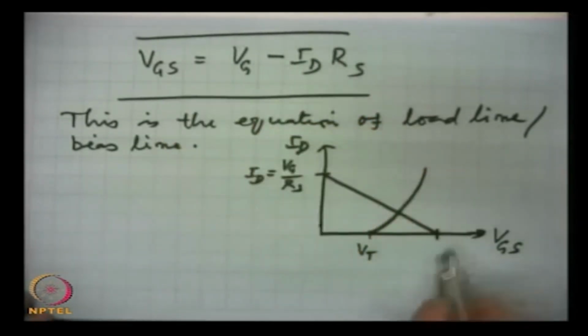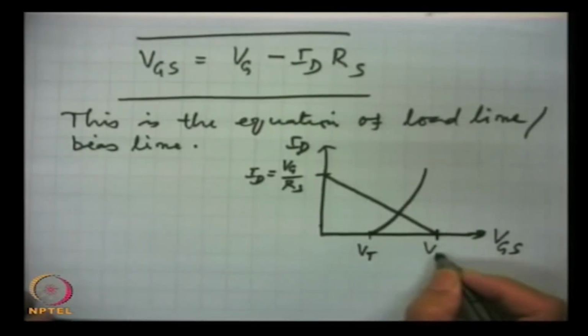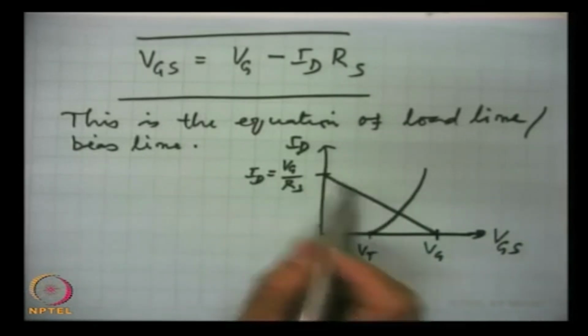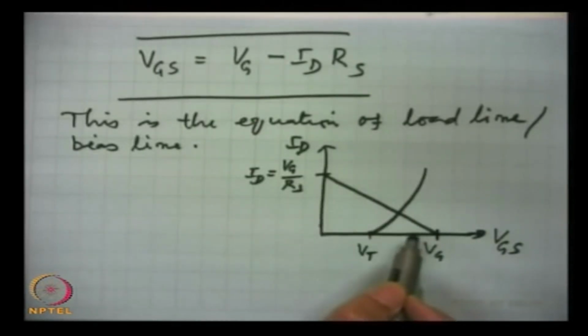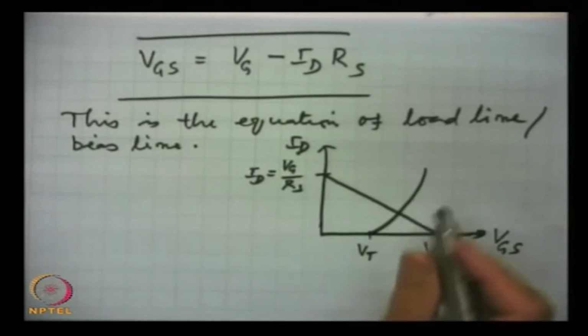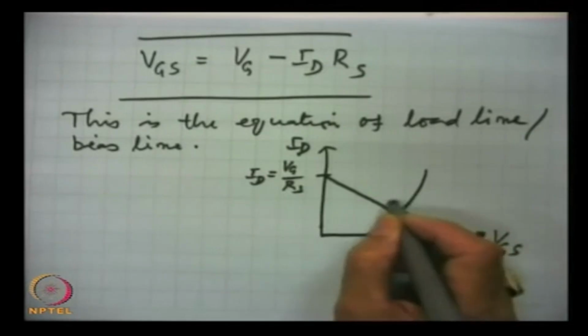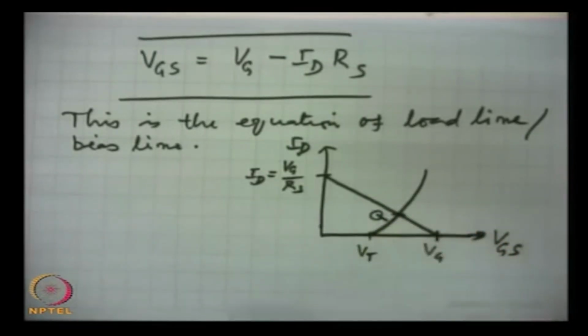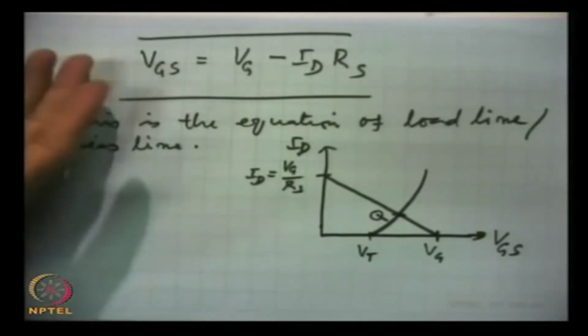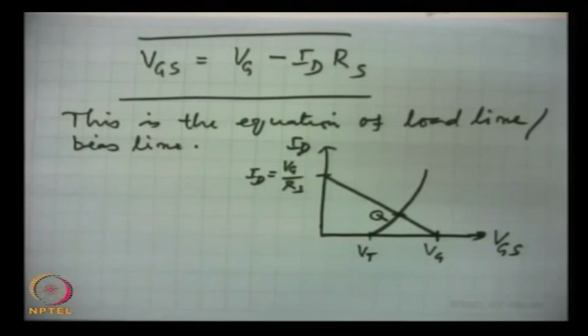So, this is the point which gives the value of Vg, and where this load line cuts the transfer characteristics, this is the Q point.